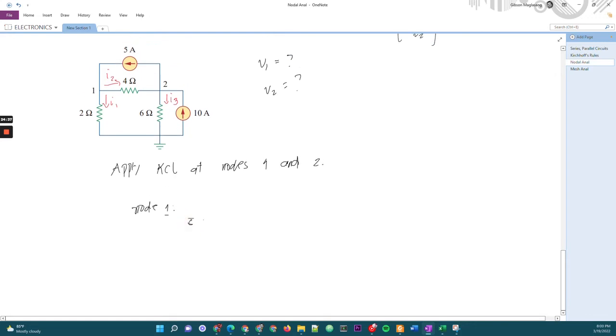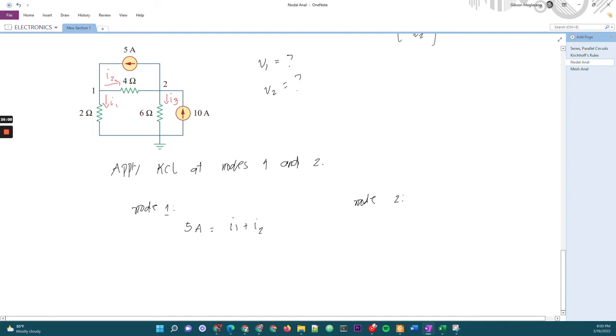Okay? 5 amp equals, besides the current coming in, just 5 amp. And then currents leaving, we have I1 plus I2. Okay? How about node 2?